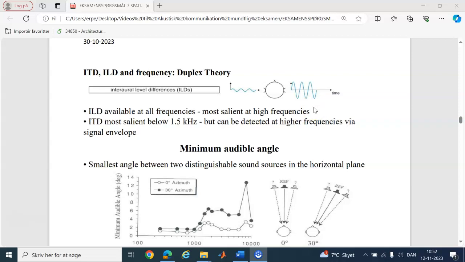ILD is available at all frequencies, most salient at high frequencies. ITD is most salient below 1,500 Hz, but can be detected at higher frequencies via the signal envelope.